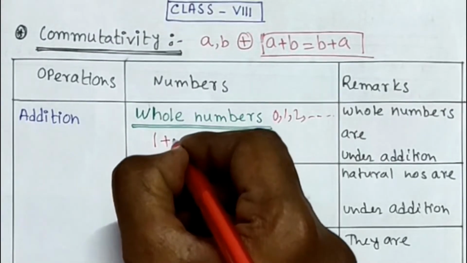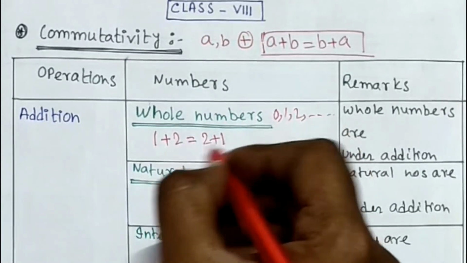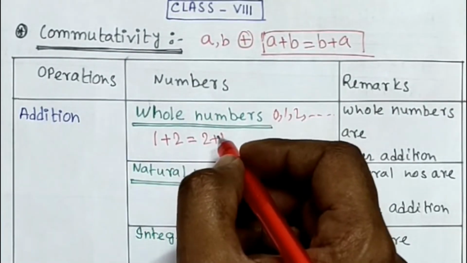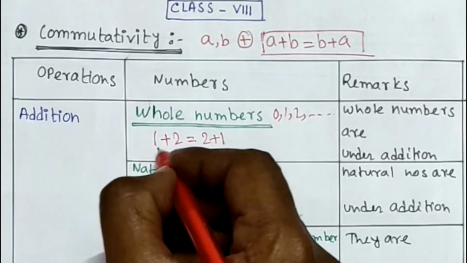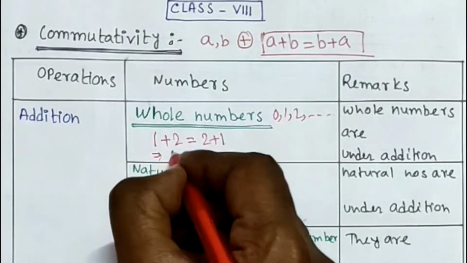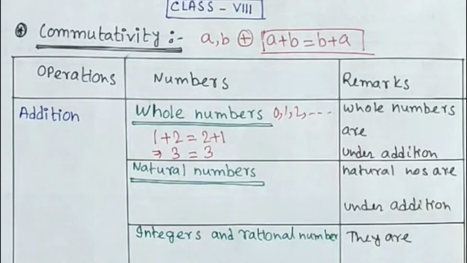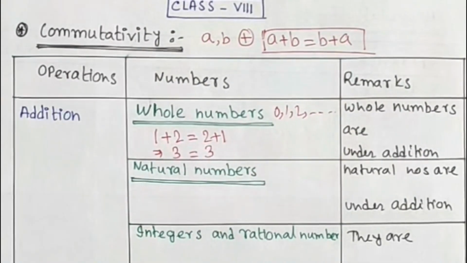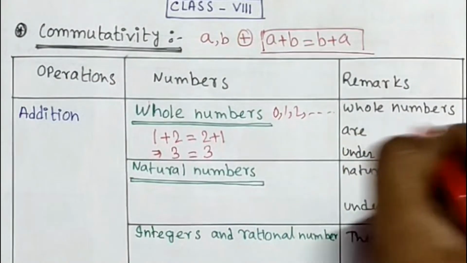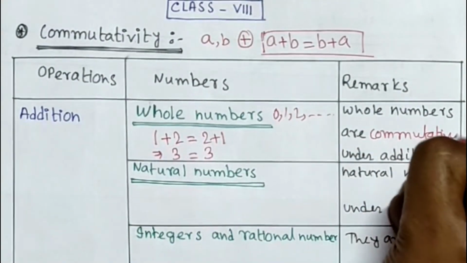So if 1 plus 2 equals 2 plus 1, then we say that whole numbers are commutative under addition. Are they equal? Yes, obviously they are equal, because 1 plus 2 gives us 3, and here also 2 plus 1 gives us 3. As 3 and 3 are equal, hence we say that the whole numbers are commutative under addition.